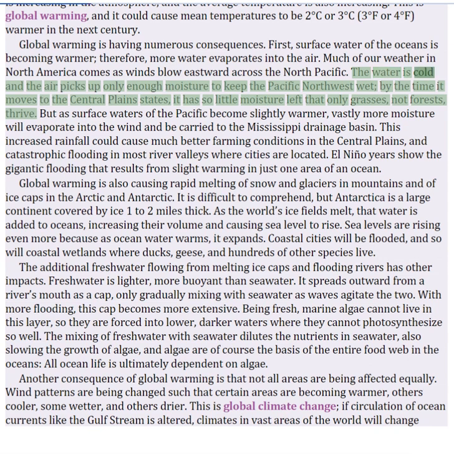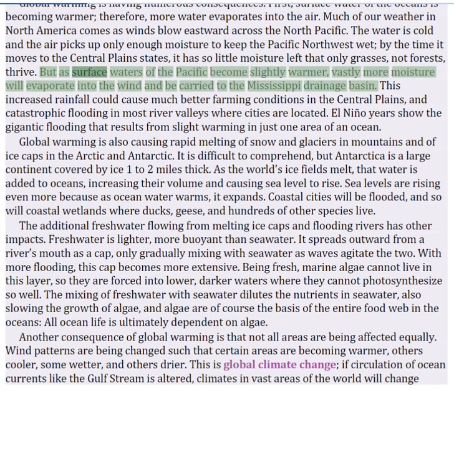The water is cold and the air picks up only enough moisture to keep the Pacific Northwest wet. By the time it moves to the Central Plains states, it has so little moisture left that only grasses, not forests, thrive. But as surface waters of the Pacific become slightly warmer, vastly more moisture will evaporate into the wind and be carried to the Mississippi drainage basin.